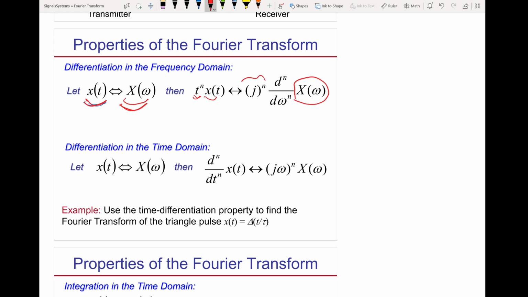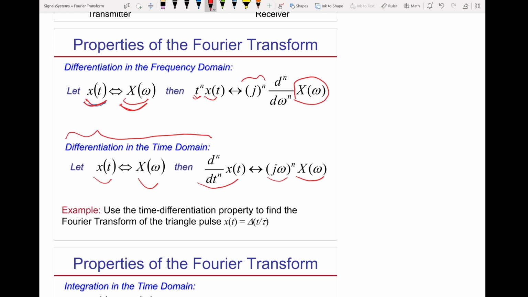Another property that we use a lot in system analysis, just like in Laplace, is differentiation in the time domain. If this is x of t and that's the Fourier transform X of omega, and I take the n-th derivative of x of t, it's like you take the original spectrum X of omega and multiply it by j omega to the power of n.